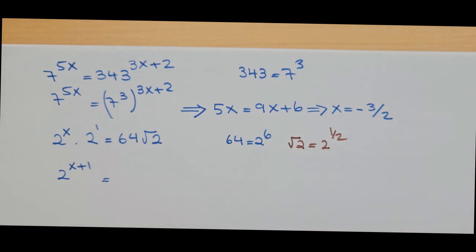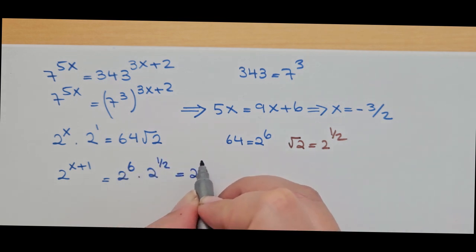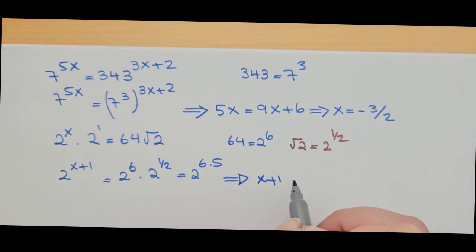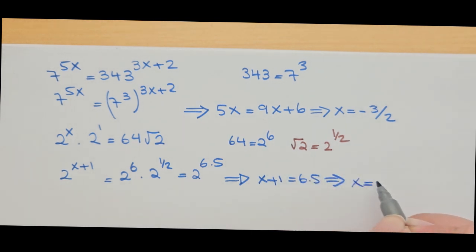So I just substituted 2 to the power 6 and 2 to the power half. Again, this would be 2 to the power 6.5. And then you could say, hey, right now I can equate the powers. So x plus 1 must be equal to 6.5. And the final value of x would be 11 over 2, or 5.5.